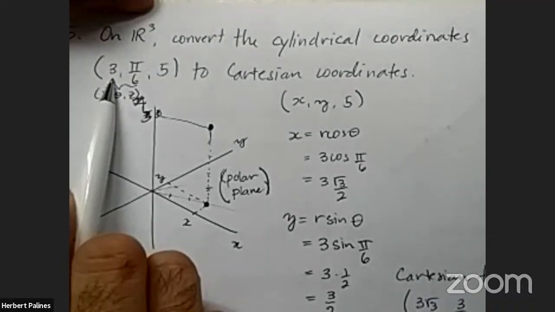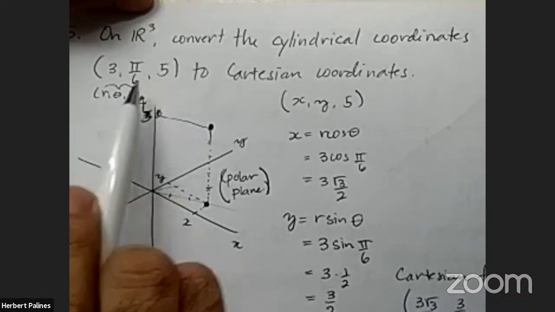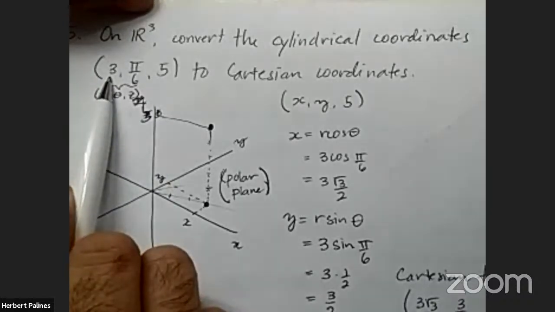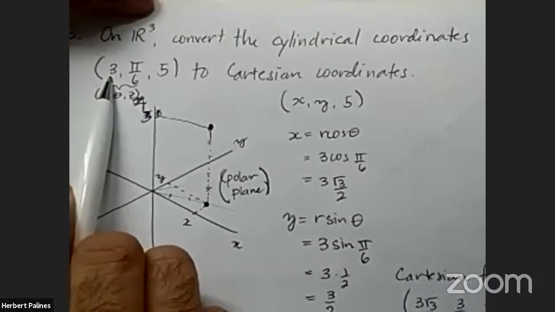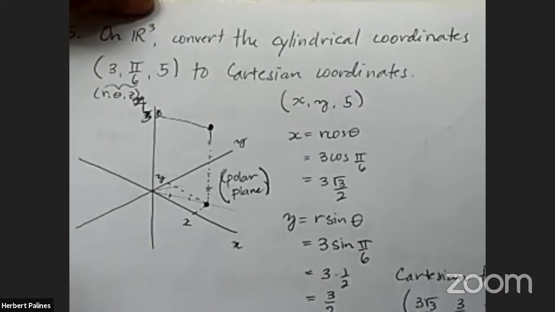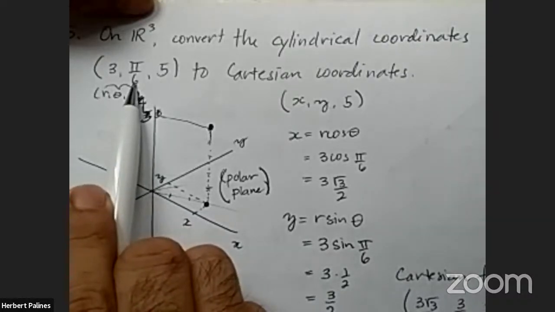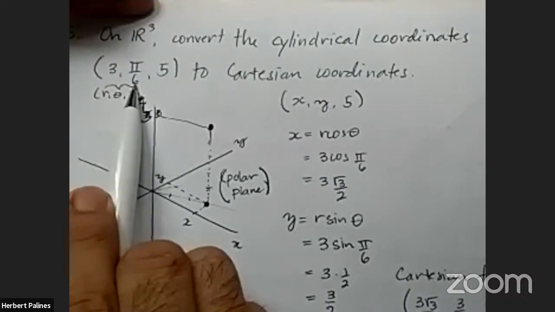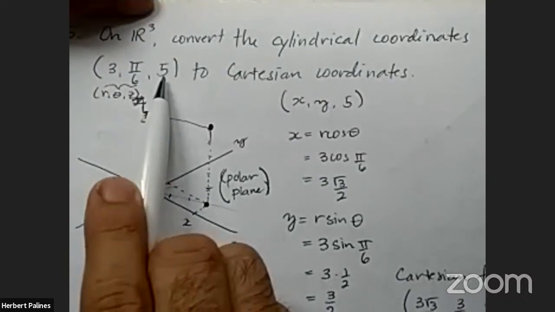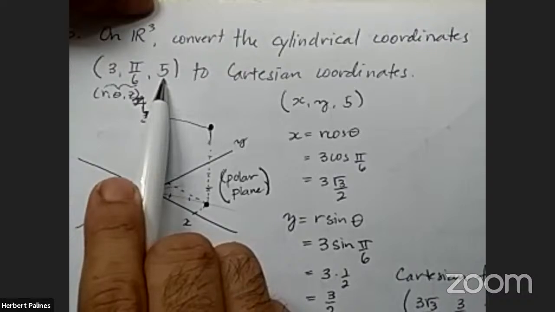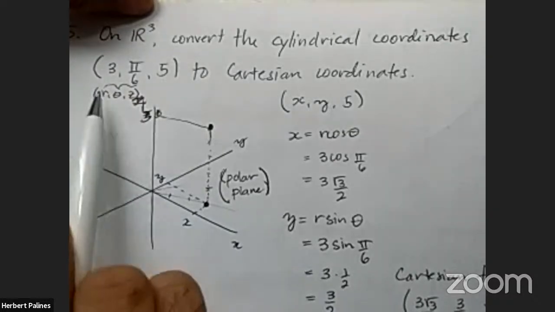As you saw in the lecture videos, these 3 coordinates correspond to r, the distance of the polar point in the horizontal xy plane from the origin; theta, the angular distance from the positive x-axis on the xy plane; and z, the directed distance from the xy plane. So r, theta, z.